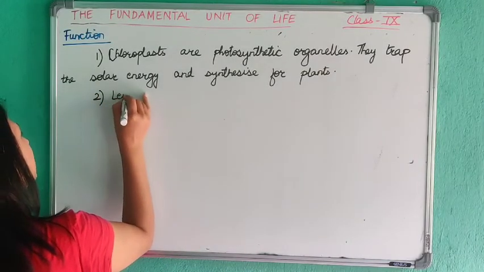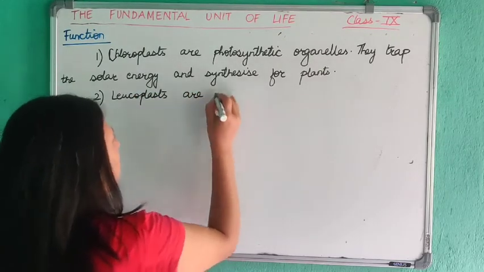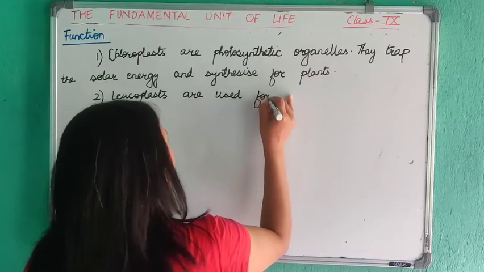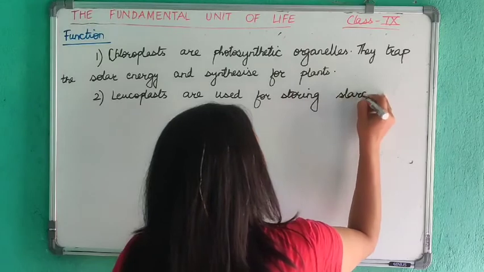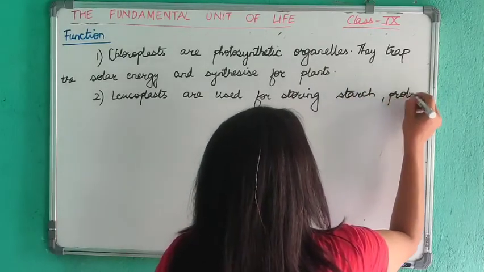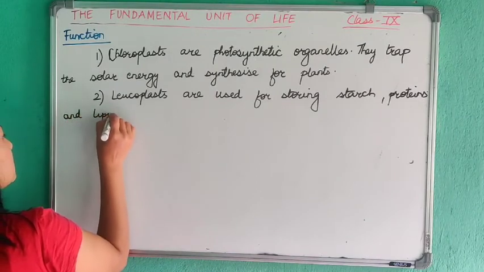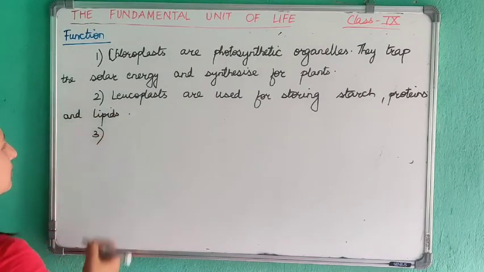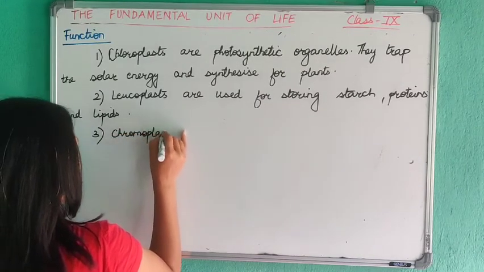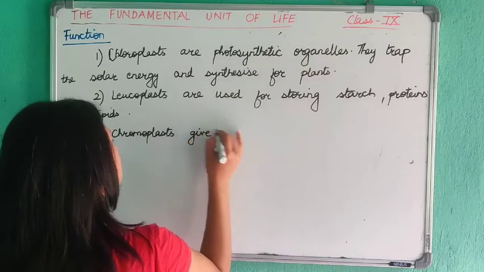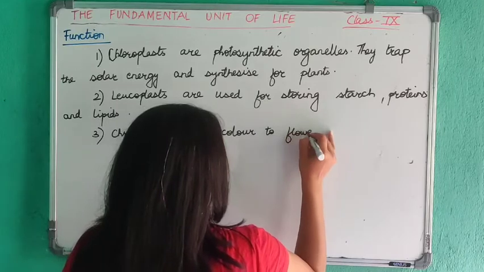Next, leucoplasts are used for storing starch, proteins and lipids. Third function: chromoplasts give color to flowers.